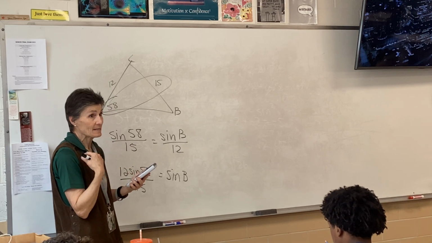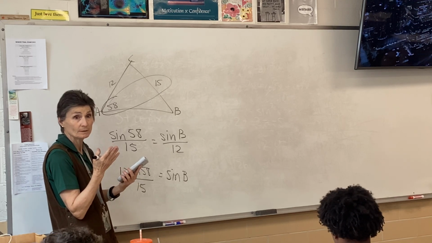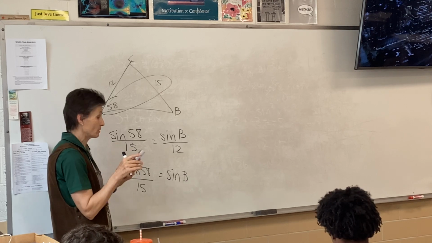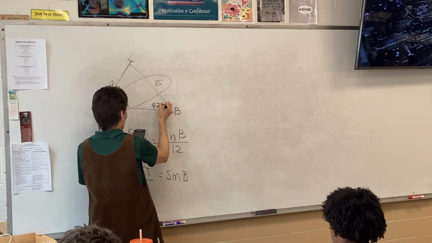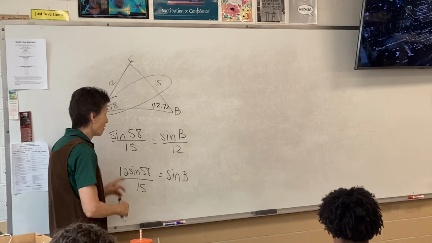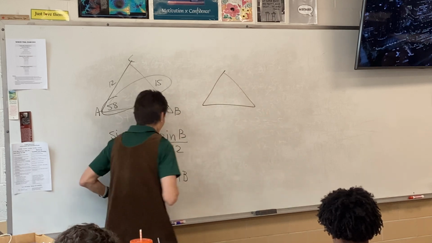And I got an answer. Now remember, sometimes when you type that in, it comes up an error. And if that happens, then you know there are no triangles. But I actually got an answer, so I got 42.72. But remember, there are actually 2 angles that have that sine.